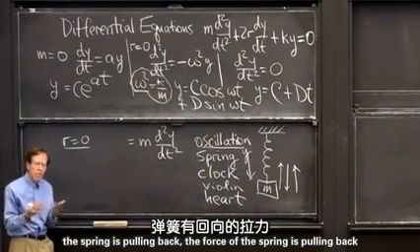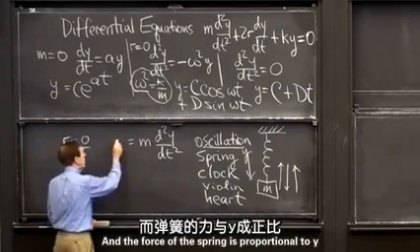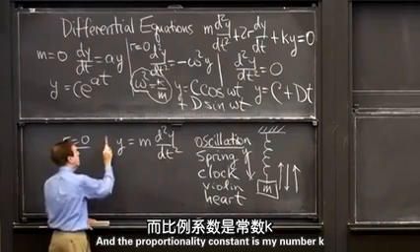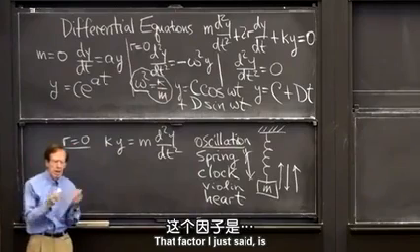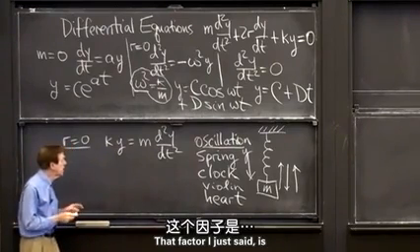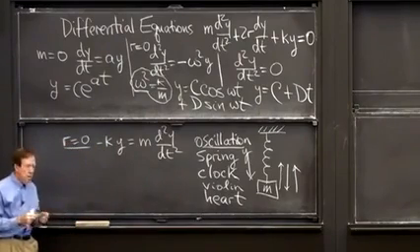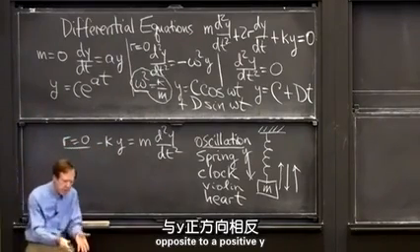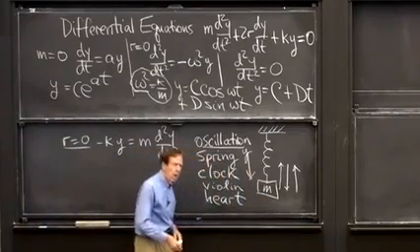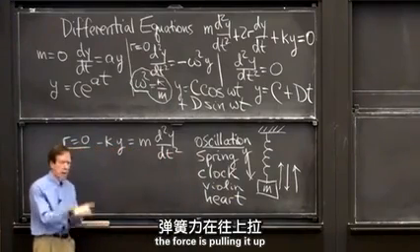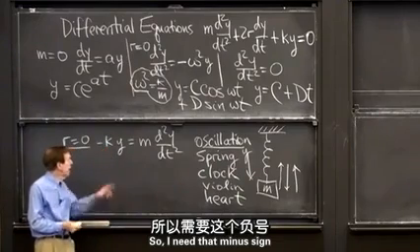The force from the spring is proportional to y, and the proportionality constant is my number k. It's pulling opposite to a positive y. When y is positive and the spring is way down, the force is pulling it up, in the negative direction, upwards. So I need that minus sign.